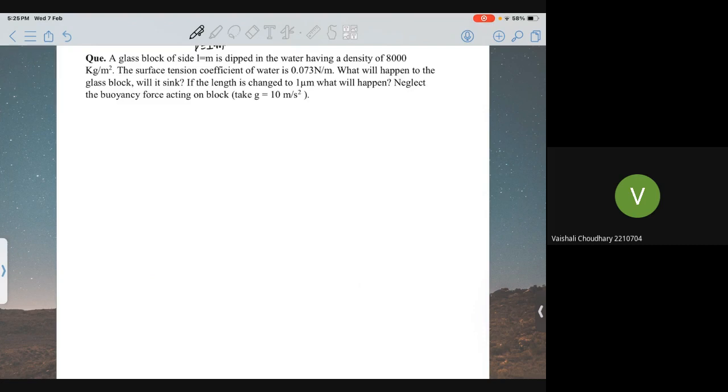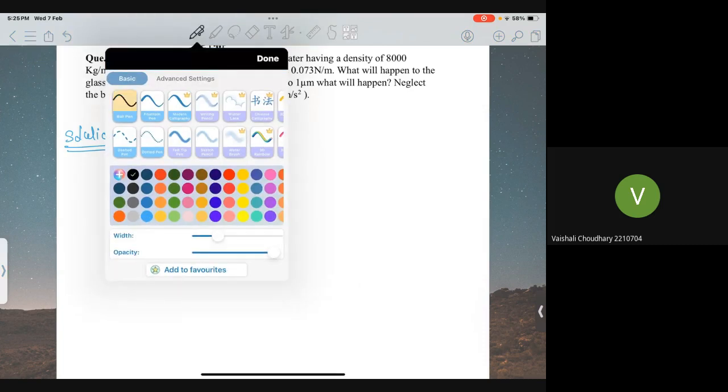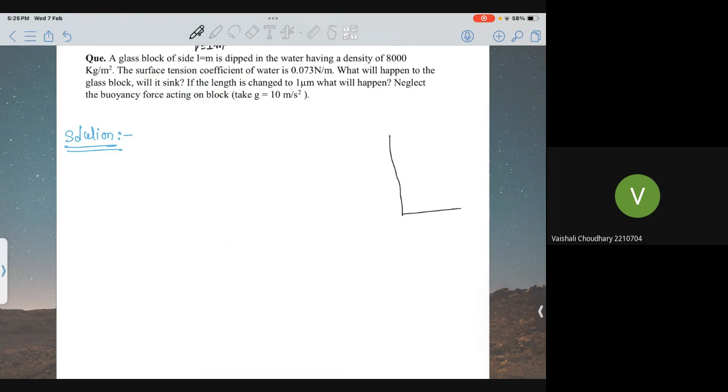Now we'll solve the problem. So we have a glass, we have water, and we are trying to dip this block, which is made of glass, having a length of 1 meter.